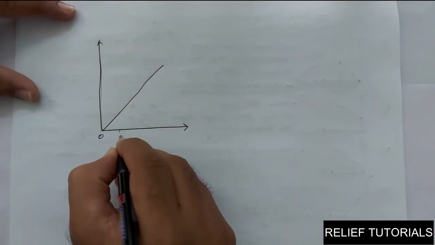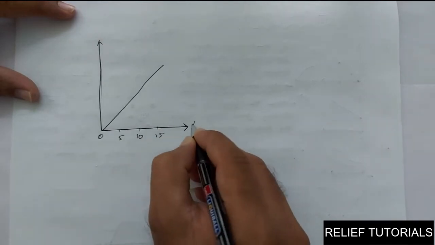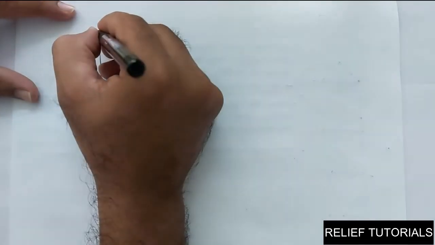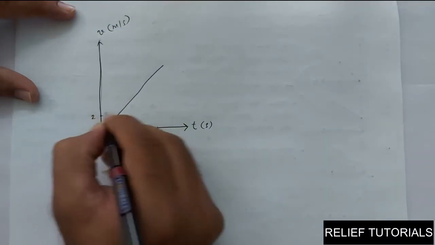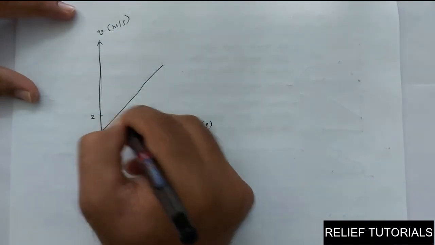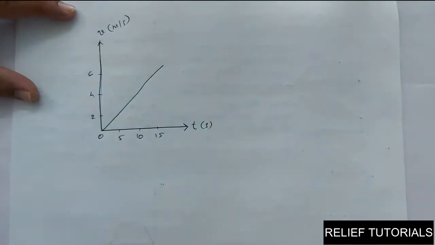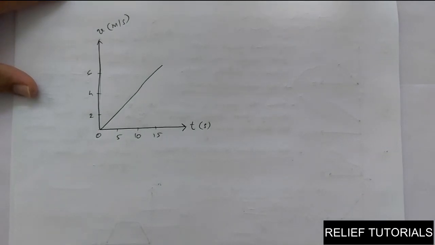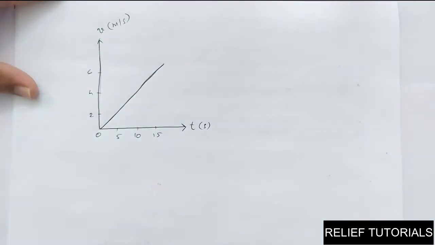0, 5, 10, 15. These are the seconds. 2, 4, 6. If I ask you what is the distance traveled by the particle during the first 10 seconds only? See, this is a graph of a straight line. It is not the trapezium.